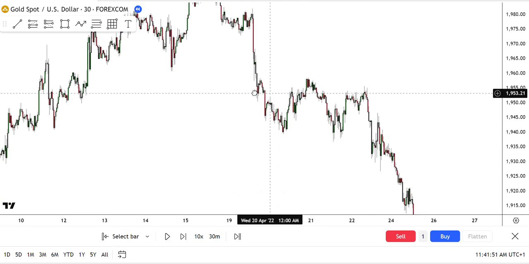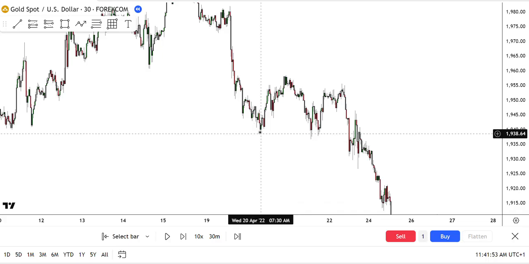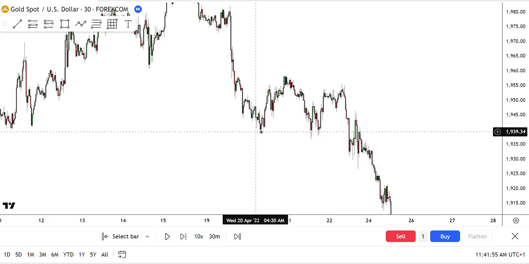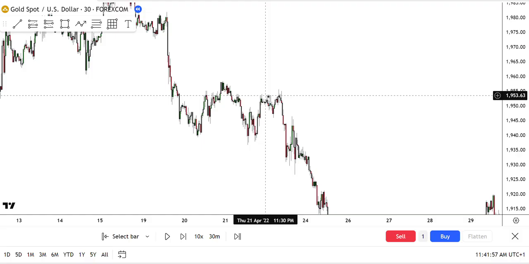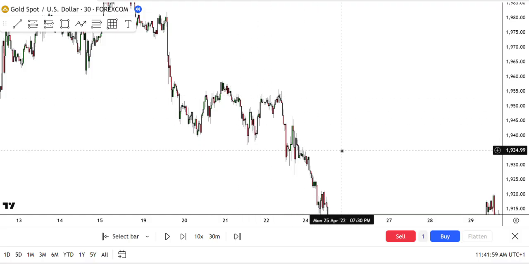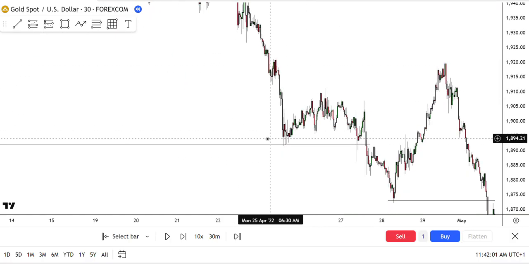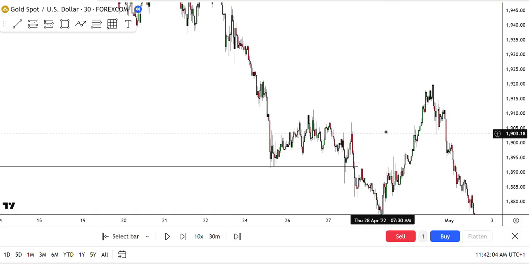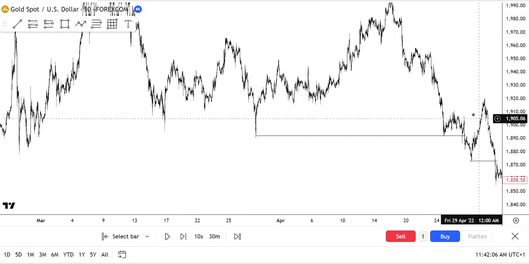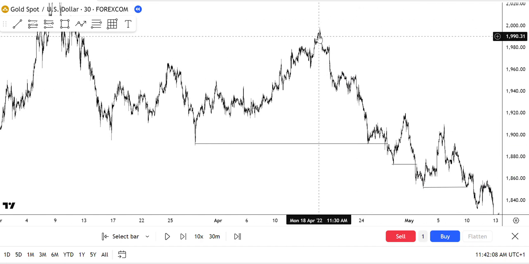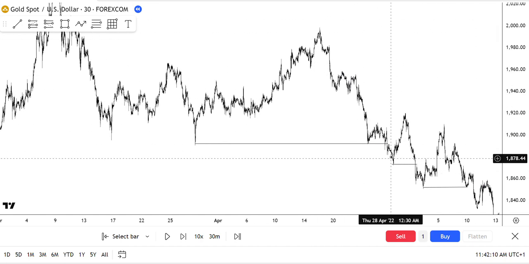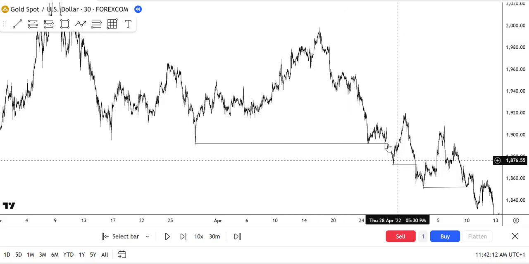Okay, and then we have price again come, take out this particular low, and then we have this high, we have this low, and it goes on and on like that. Now, all of this is happening inside of this particular leg.